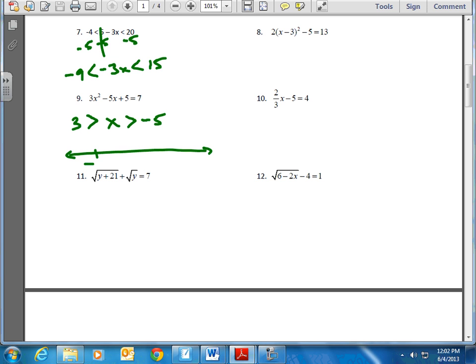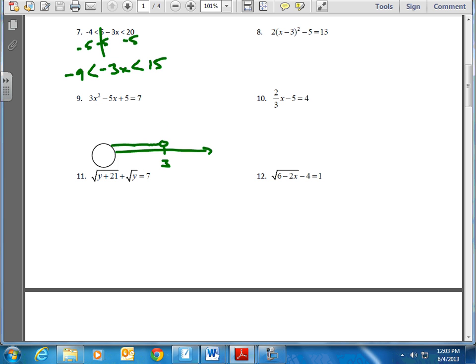X has to be greater than a negative 5, and at the same time it has to be less than 3. I want everything between a negative 5 and 3, which is kind of the way my sentence is written. X is in between the negative 5 and the 3. If I were to rewrite this, I would flip the order simply because typically you put the smaller number on the left. Doesn't matter, it's not wrong, but you will see it written that way more often.